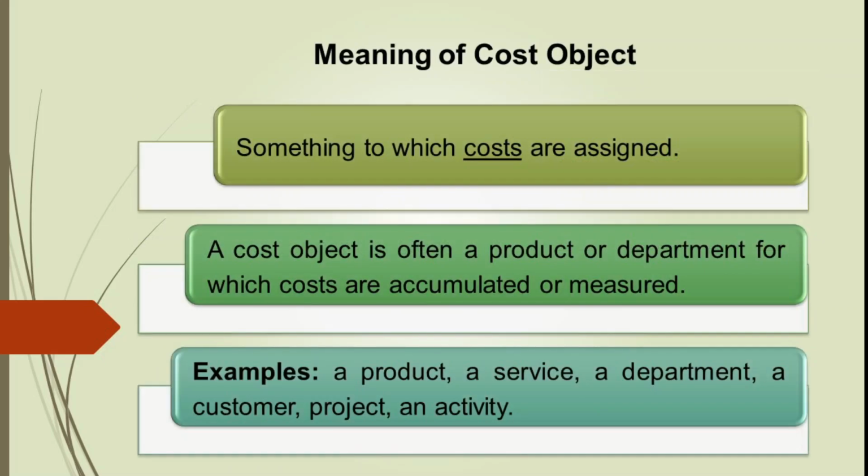A cost object is a term used primarily in cost accounting to describe something to which costs are assigned.